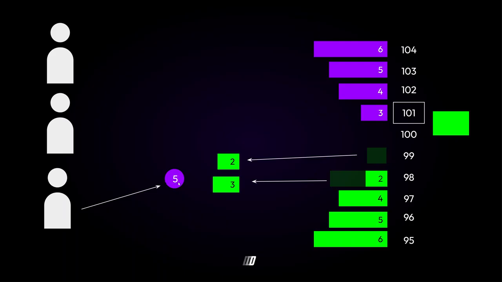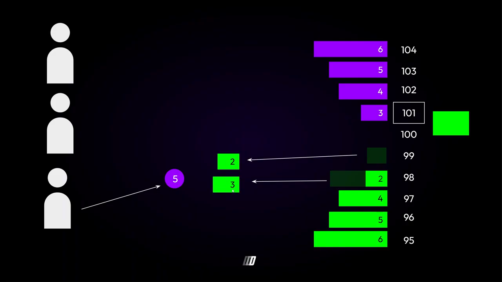So this order got slipped and some of it got filled here and some of it got filled here. So the average price of this trade will actually be somewhere around the middle, because I got 99, I got 98, so probably the average is like 98.5 or something, right?